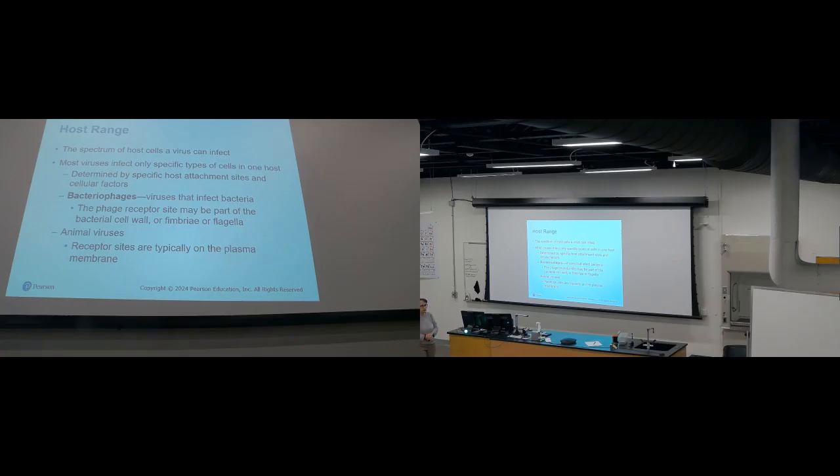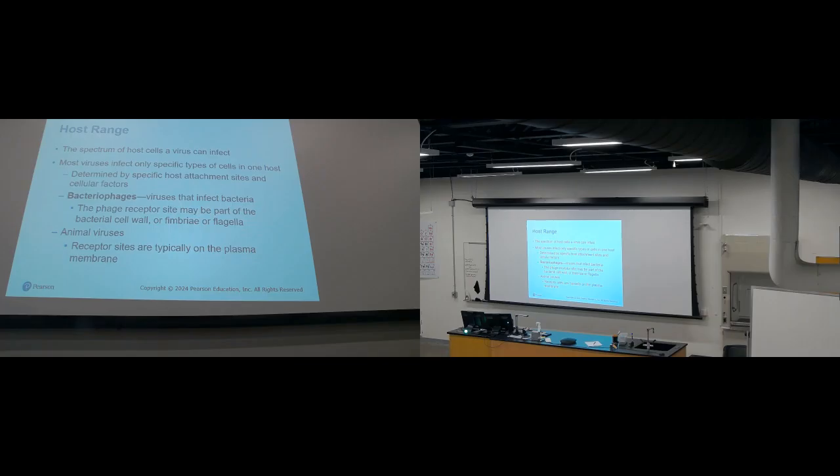The reason for this is because this host has receptors to bind these viruses, and the other hosts don't have it. That's the specificity. Another reason why these viruses can infect a particular host is because maybe this host has a factor that these other hosts don't have.